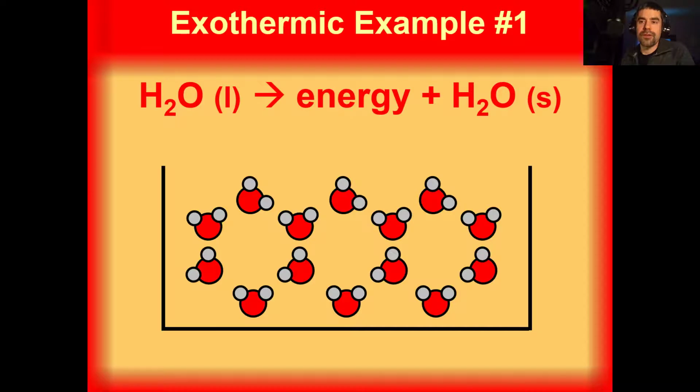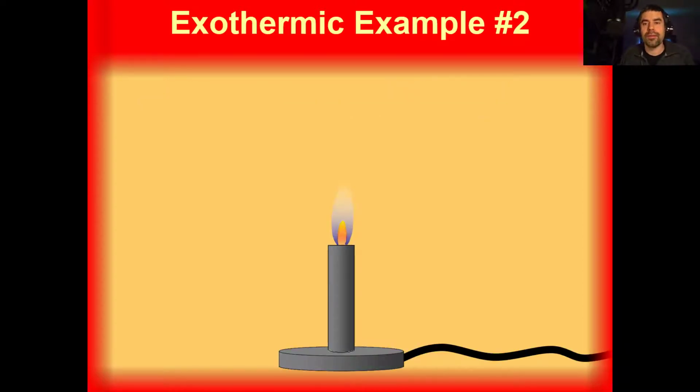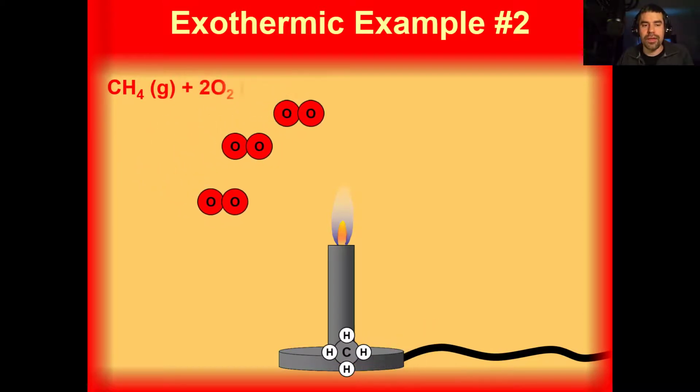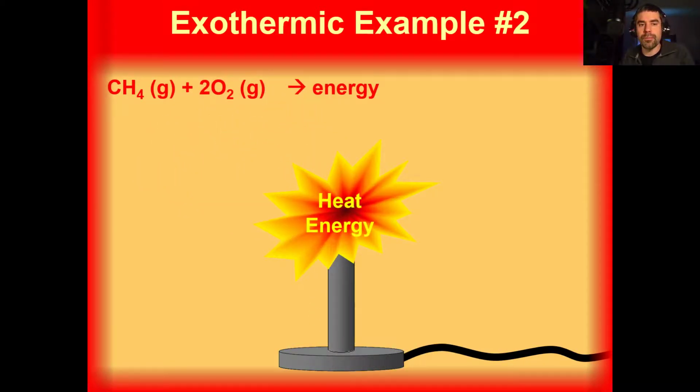All right, let's look at a chemical exothermic example. So when we have a Bunsen burner, we have natural gas, which is made up of hydrocarbons, and a great majority of that hydrocarbon is methane, and the oxygen comes up from the environment, and they undergo a combustion reaction, and they release heat energy.